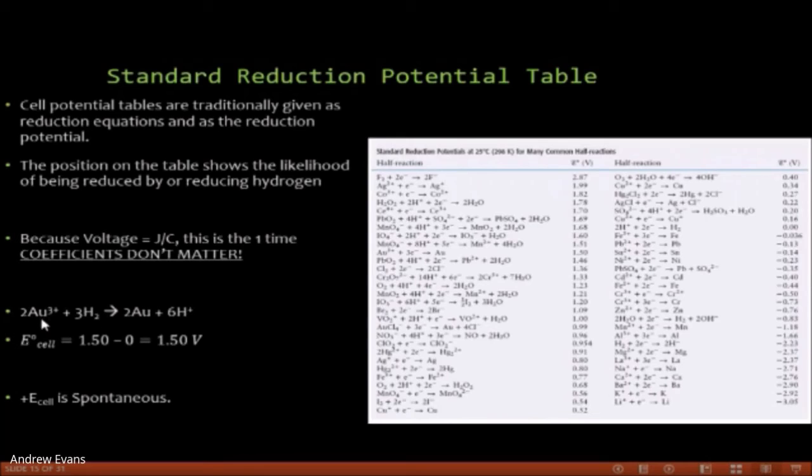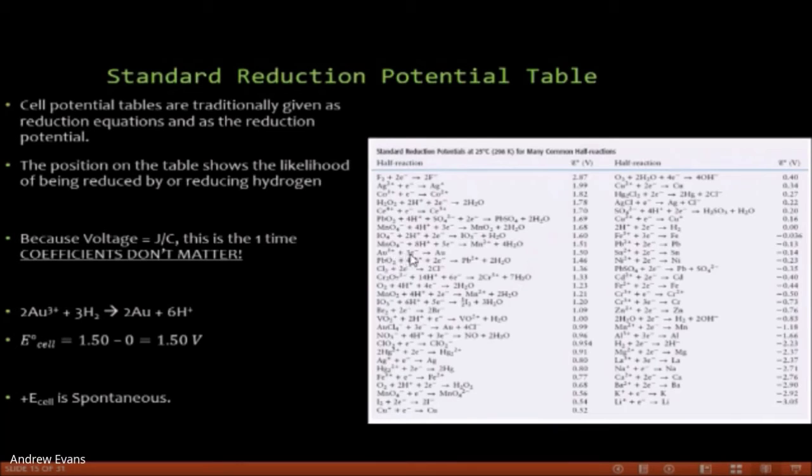So in order to do this, take 2 gold 3 plus and 3 H2 gas going to 2 gold and 6 protons. You look up on the table, where is gold? You look very closely. You have fluorine, silver, cobalt, that peroxide, maybe cerium, but gold is right here.